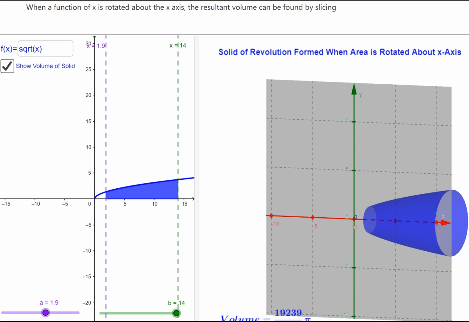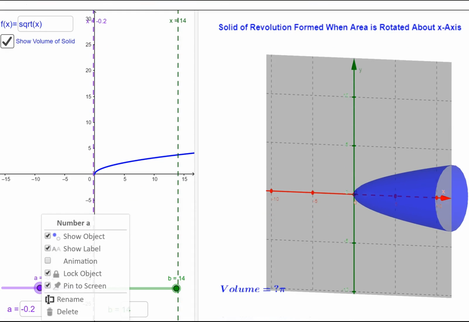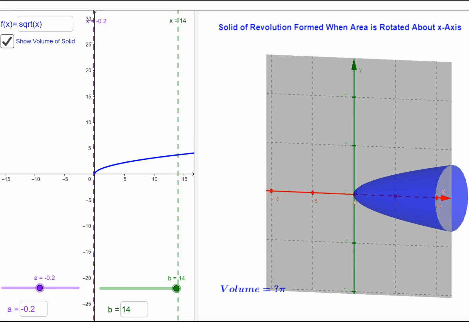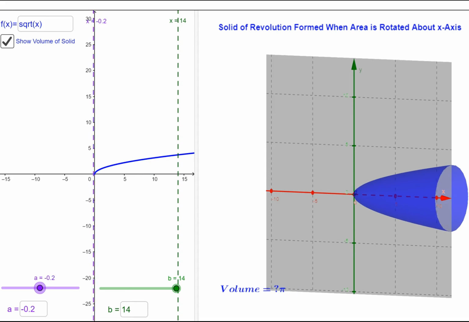Let me go right back to 0. It's more like where I want it.